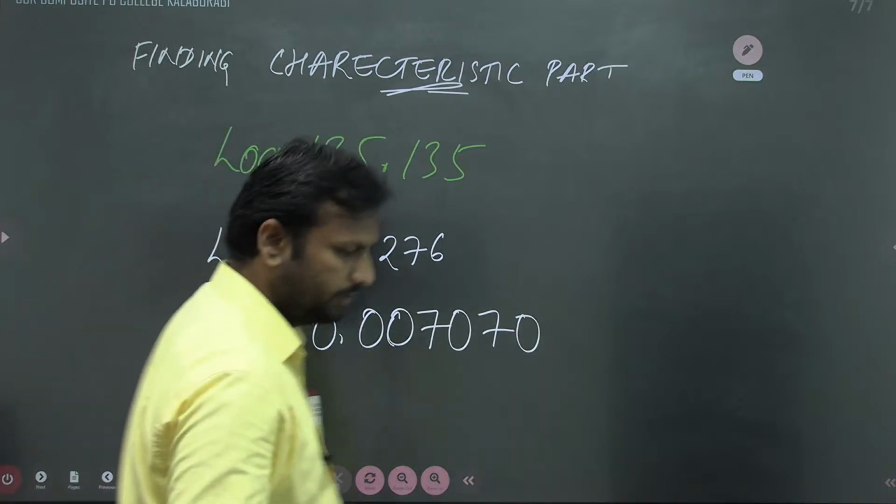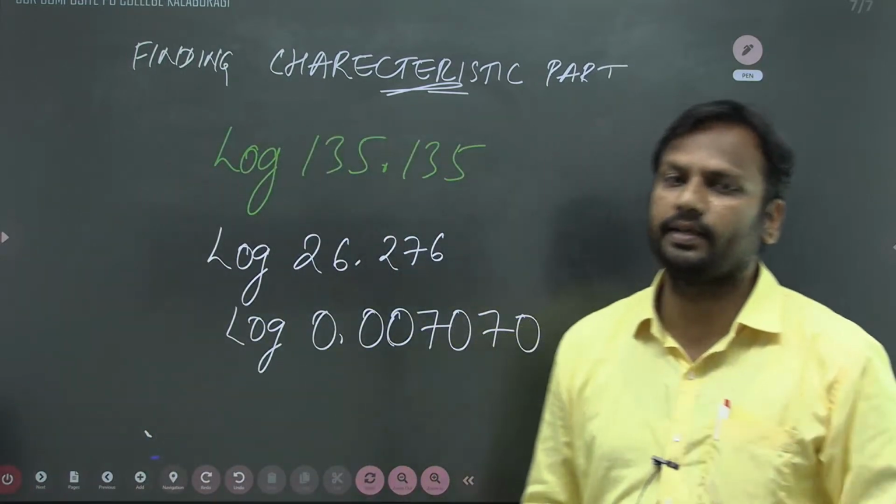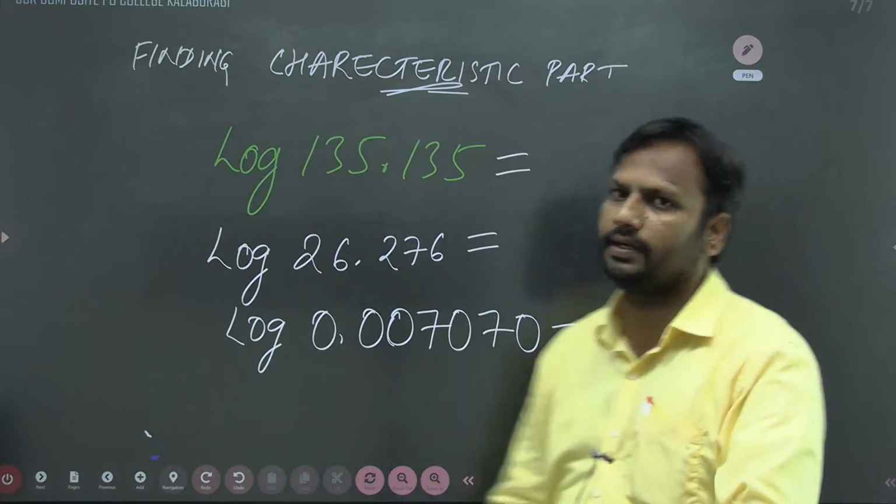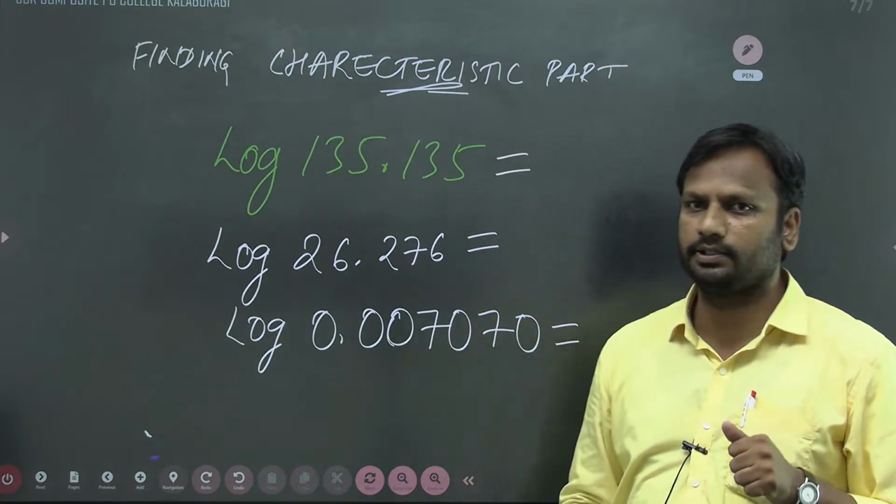Now you see, students. Now tell me the characteristic part of this one here. All these three. Tell me the characteristic part, students.